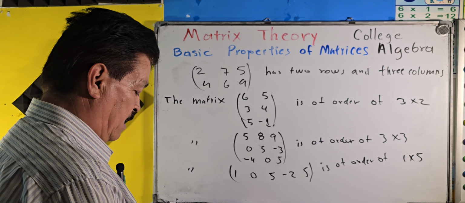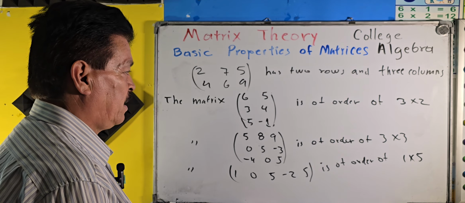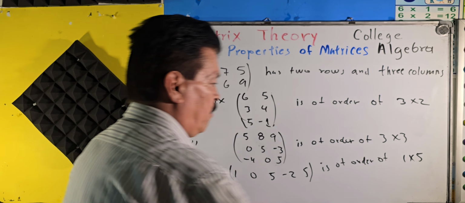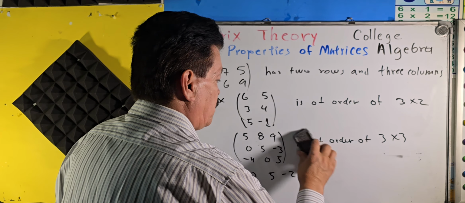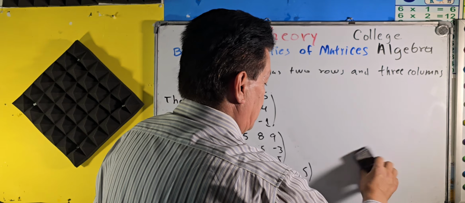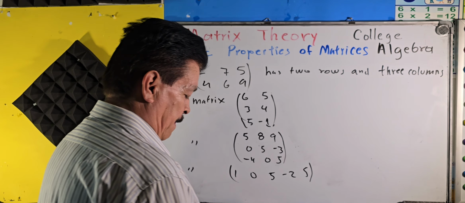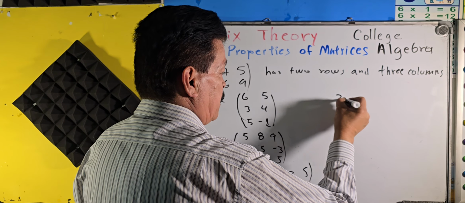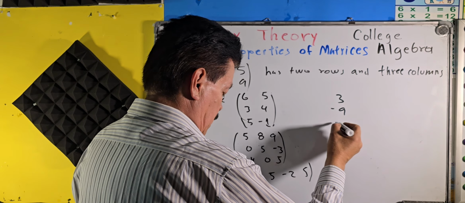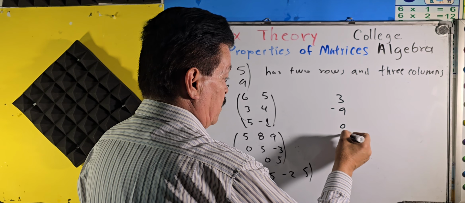All right, I think this is enough examples. Let me write another one in this way: 3, -9, 0 and 2.